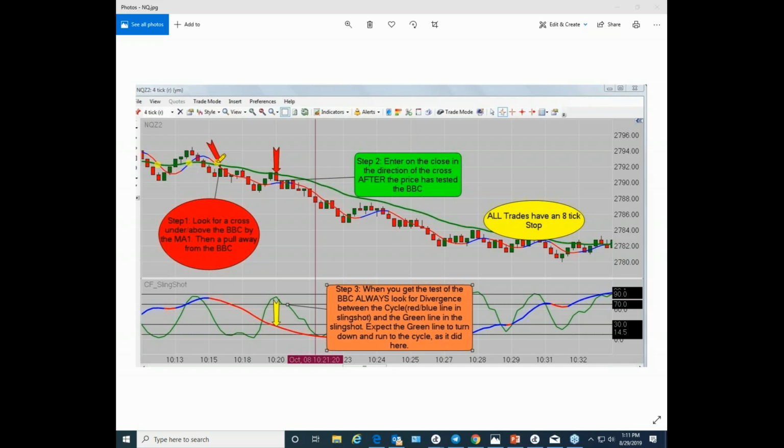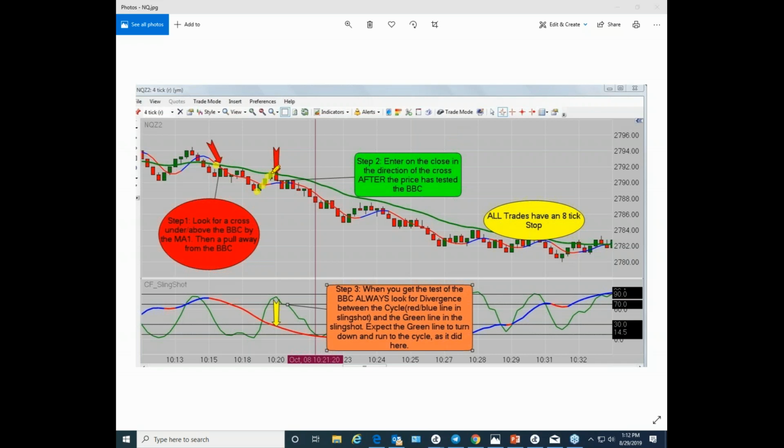So we're looking for opportunities to get long and short, because that leads us into step number two. After the cross, there's our cross. The normal thing for the market to do is to gravitate toward the BBC or the green line.